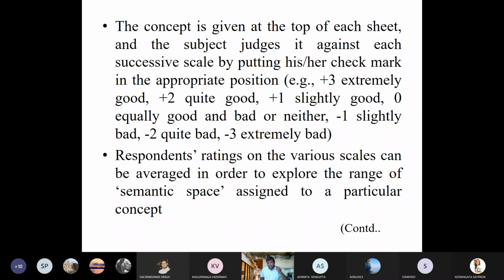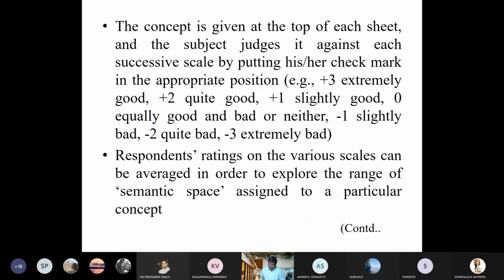So when we are making a scale, we are giving a ranking and maintaining the position ranks in such a way that the scale will be well represented. There will be no problem in the scaling. The respondents' ratings on the various scales can be averaged in order to explore the range of semantic space assigned to a particular concept.